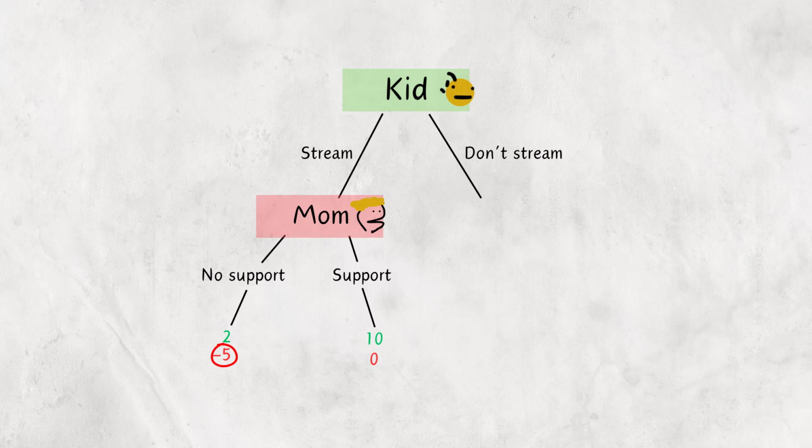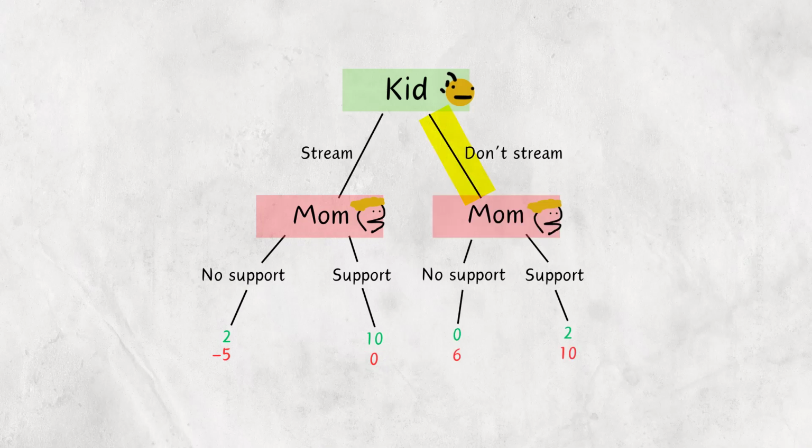If she doesn't support him, it will seriously strain their relationship, and she will be disowned in the near future. If she does support him, she uses a lot of resources, rarely sees her son, but will still keep him. If the kid instead doesn't stream, Mom will be very happy. She will of course support his choice of not streaming, while he gets a payoff of 2 because he'll probably get a mediocre career in finance.